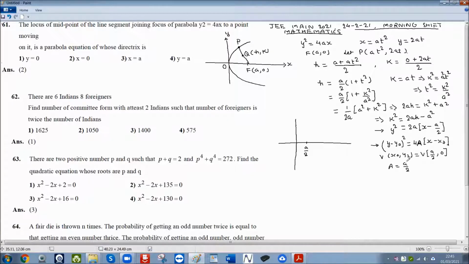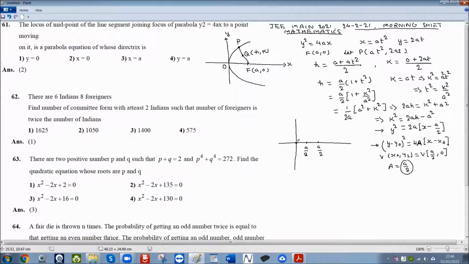The focus will be another a by 2 ahead. Now, the vertex lies at the midpoint between the point of intersection of the axis with the directrix and the focus.